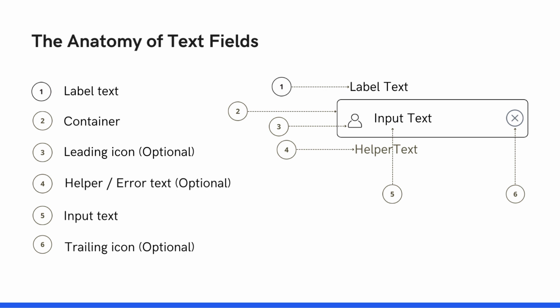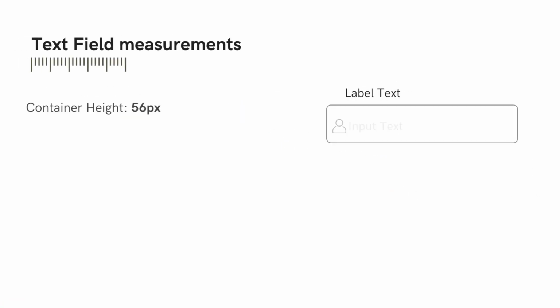It should have label text, container, leading icon, helper or error text, input text, and trailing icon. Try to put all these elements in your text field, and with that done, you make your text field very accessible, user friendly, and SEO friendly.